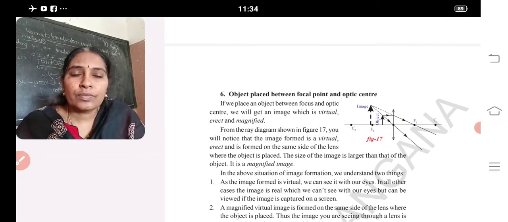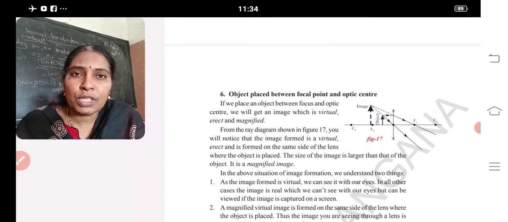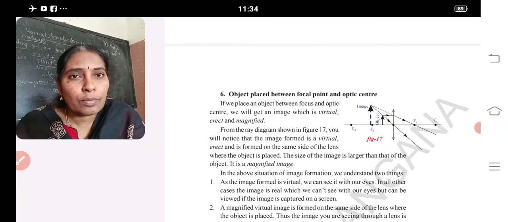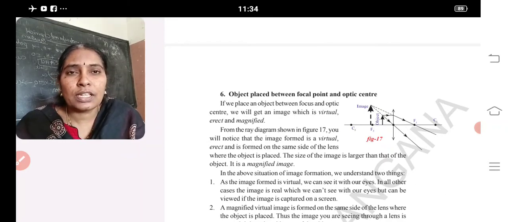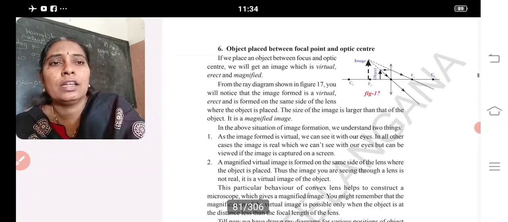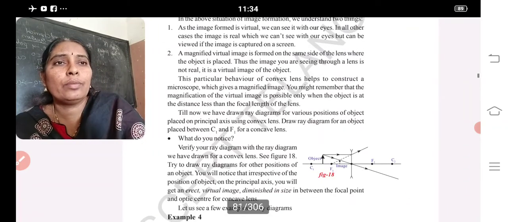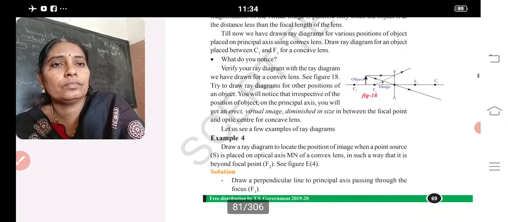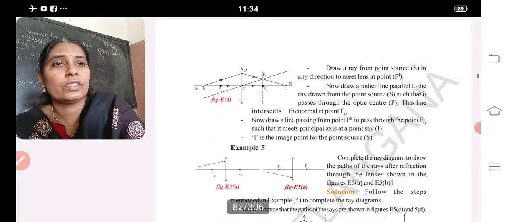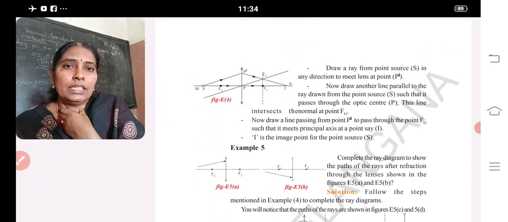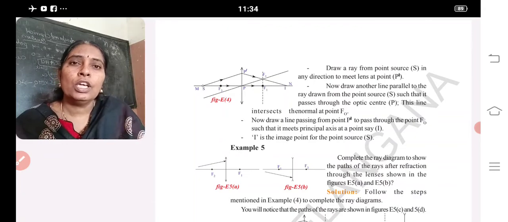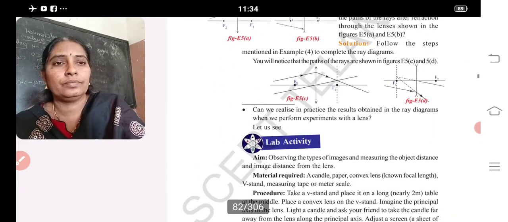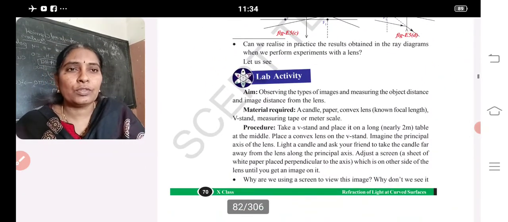So these are the 6 situations where object positions are changed. Due to the change in object position, image positions also change. Okay, now let us talk about completing the ray diagrams. Incomplete ray diagrams are given. You need to complete them.